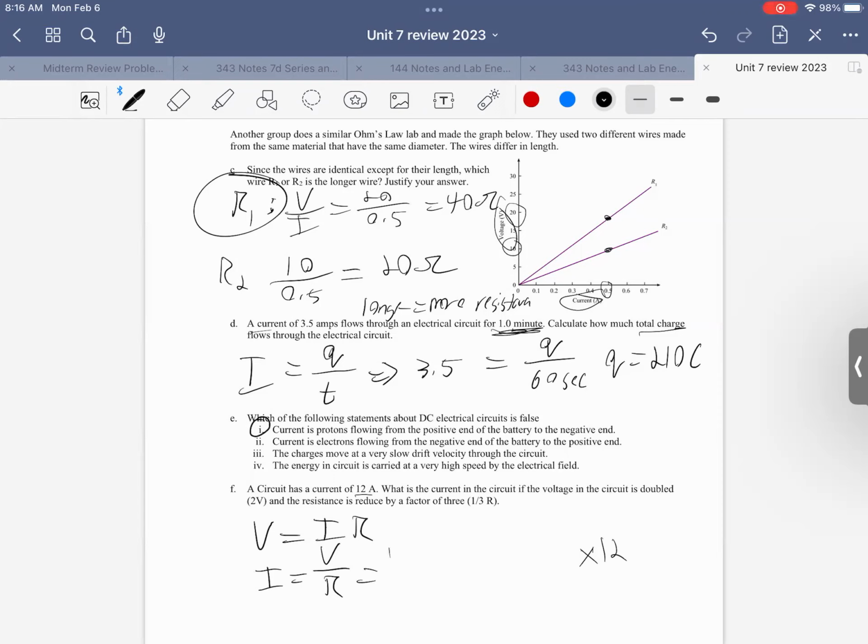So it looks like we doubled the voltage and we took 1/3 off the resistance. And so that is going to make it 6 times as big. And so 6 times 12 gives me 72 amps of current. And that's how we do question number 1.